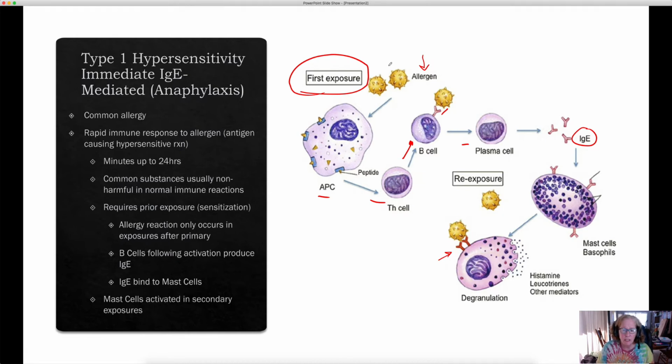And the first time you're exposed, usually very early in life, your B cells, for some reason, instead of creating IgGs against it, created IgEs. So these IgEs on those mast cells and basophils found in the mucous membranes and in the tissue in the upper respiratory system will degranulate immediately.